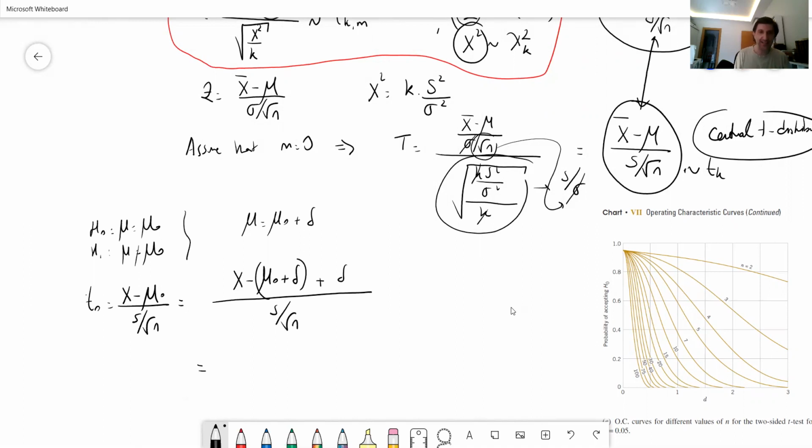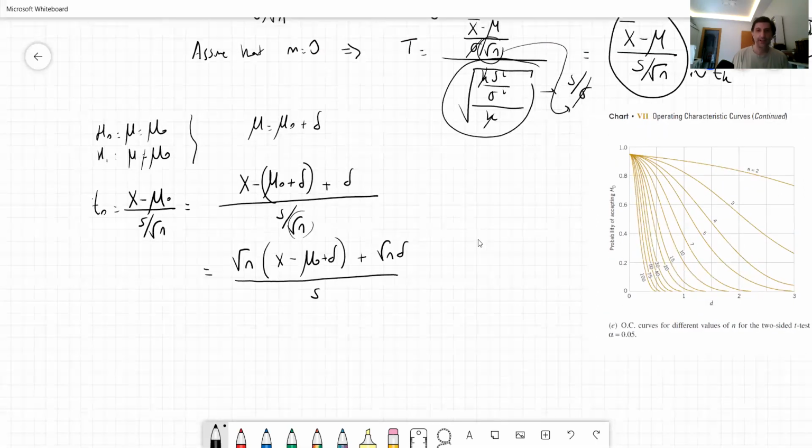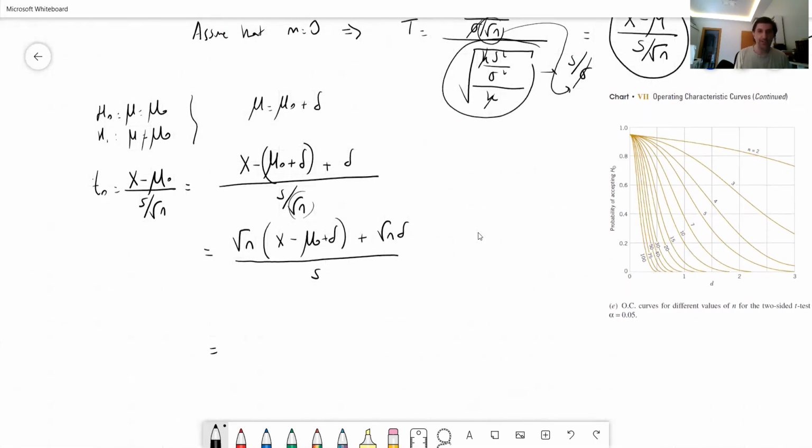So now let's take this term and put it there: square root of n times (x bar minus mu 0 minus delta) plus square root of n times delta, divided by s. Let's go a couple more steps. Let's divide both sides by the population standard deviation.